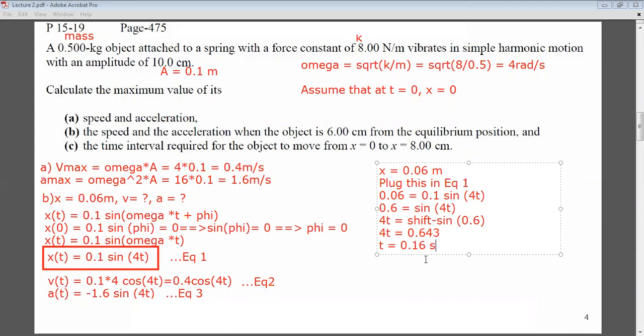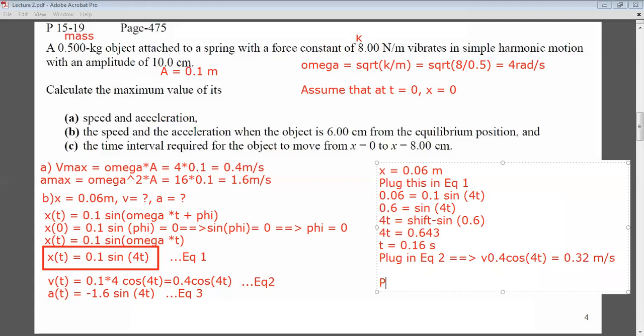Okay, so when I find t, plug in equation 2 implies v at 0.16, or v is equal to 0.4 cosine 4t. This gives me 0.32 meter per second.